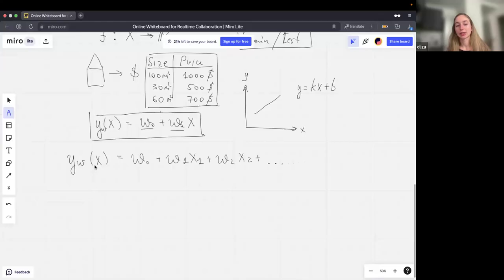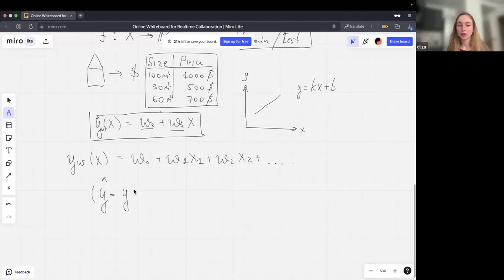When you have the model and the equation for your task, you want to evaluate your model and understand its accuracy. Can you get a precise result if you use this model? You want to calculate just the error. You have your y, the value which was predicted by your model, and you have the real value of the target from your dataset.